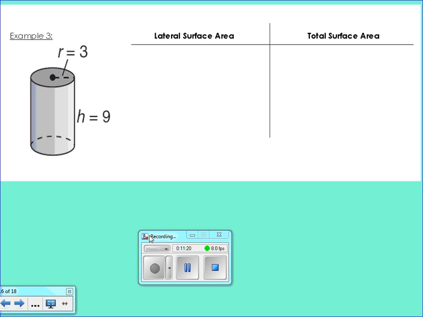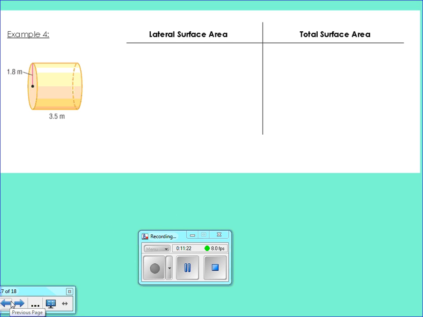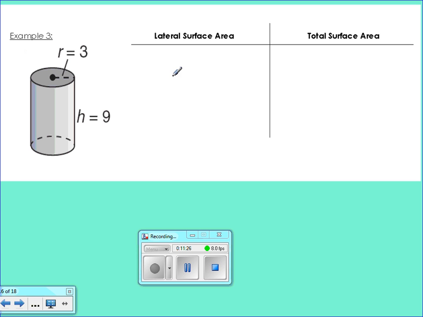Got another example. All right. So lateral surface area, 2 pi r h, right? All right. And then fill in 2 times 3.14 times 3 times 9.